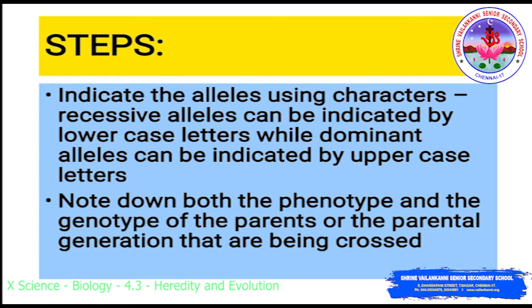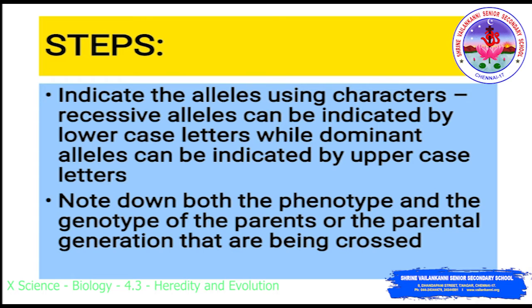Recessive alleles can be indicated by a lowercase letter, while dominant alleles can be indicated by an uppercase letter. So the dominant allele will be represented in uppercase, for example capital T, whereas recessive alleles can be denoted by a small letter, small t.